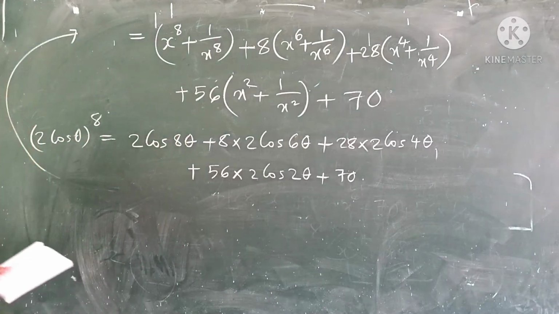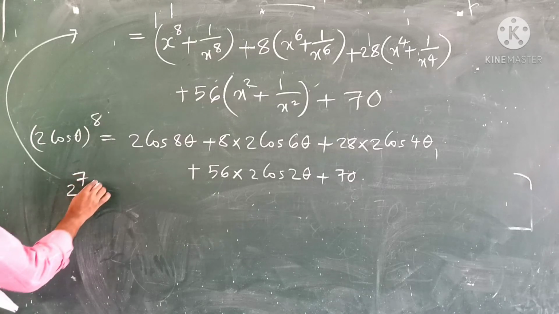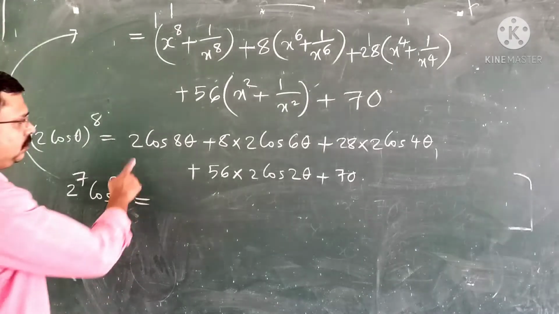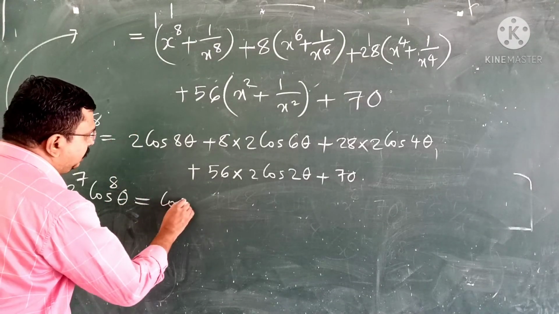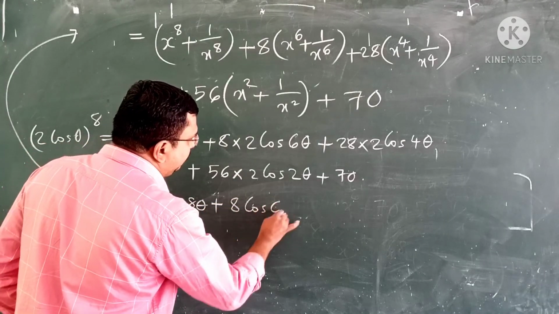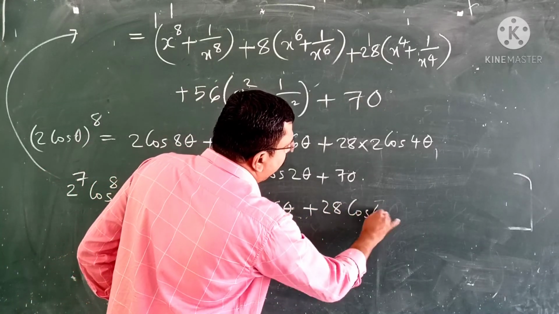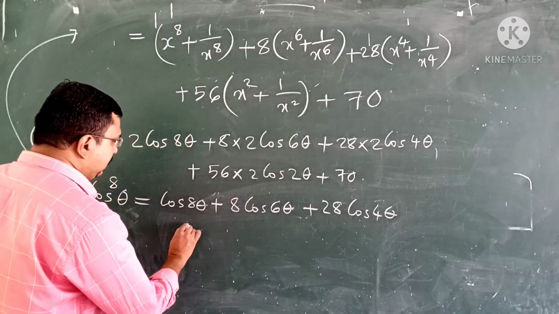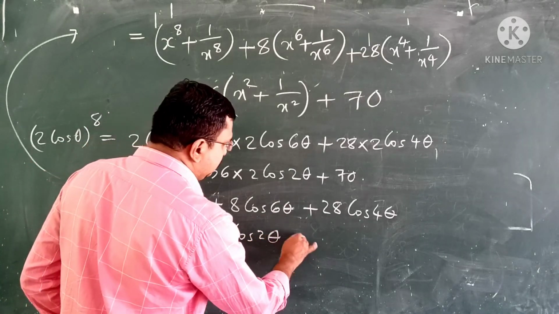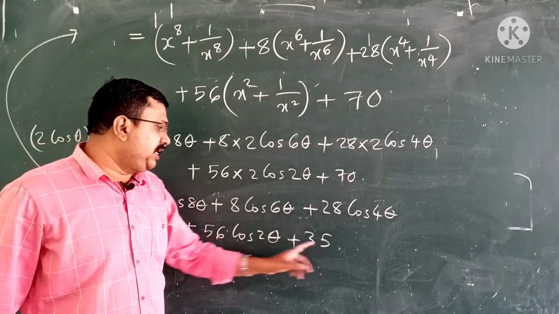When we divide throughout, we get 2 raised to 7 cos raised to 8 theta is equal to, cancelling the 2, cos 8 theta plus 8 cos 6 theta plus 28 cos 4 theta plus 56 cos 2 theta plus 35. 70 by 2 is 35.